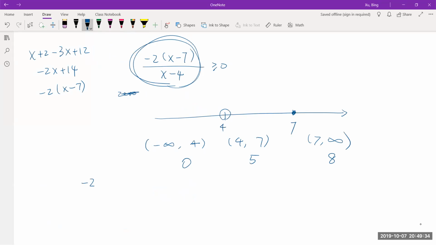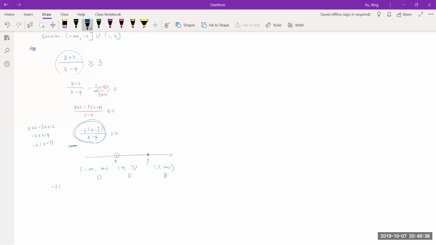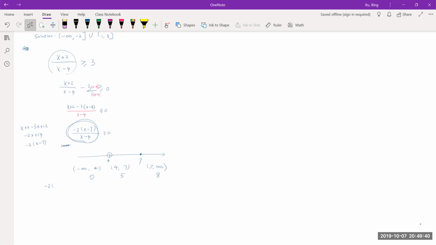Let me make them smaller so you know what I'm talking about: negative 2 times x minus 7 over x minus 4. Plug in the test point 0. Negative 2 is always negative. Negative times negative over negative.